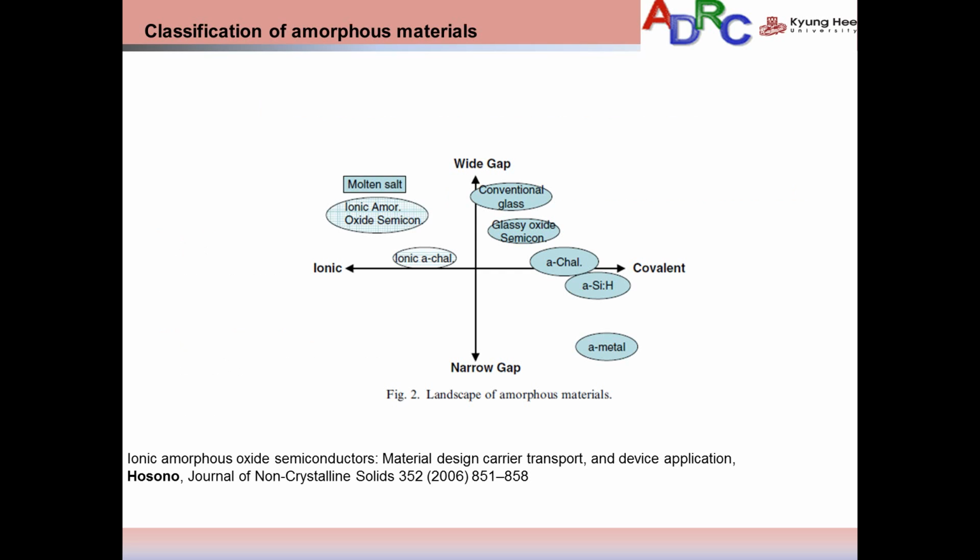The different materials that can be used for oxide, such as the IGZO that I will introduce later, are referred to as ionic amorphous oxide semiconductors, and their main characteristic is that they have a wide band gap, and also they don't have covalent bonds, they have ionic bonds, contrary to, for example, amorphous silicon, which has been introduced to you by somebody else before.